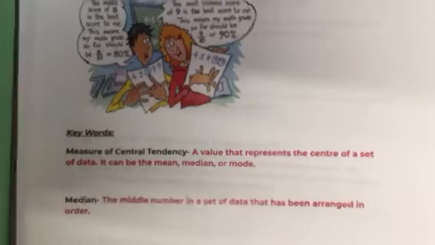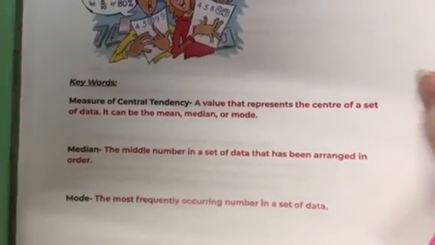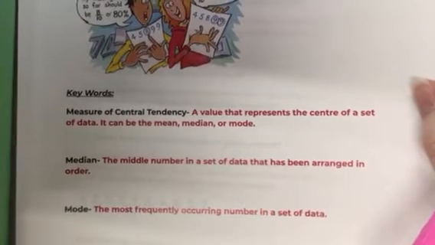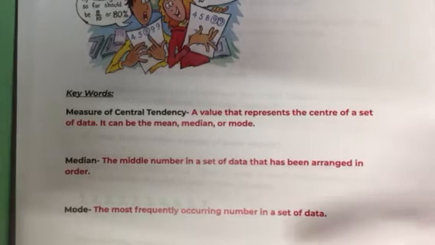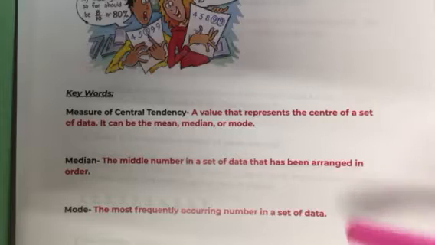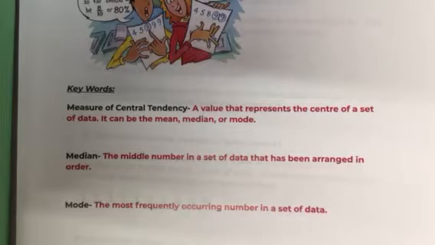The median is the middle number in a set of data, but the most important thing is that this only happens if the data is arranged in order, either from highest to lowest or lowest to highest. So you need it to be in order to find the middle number. The mode is the most frequently occurring number, so whichever one is happening the most.